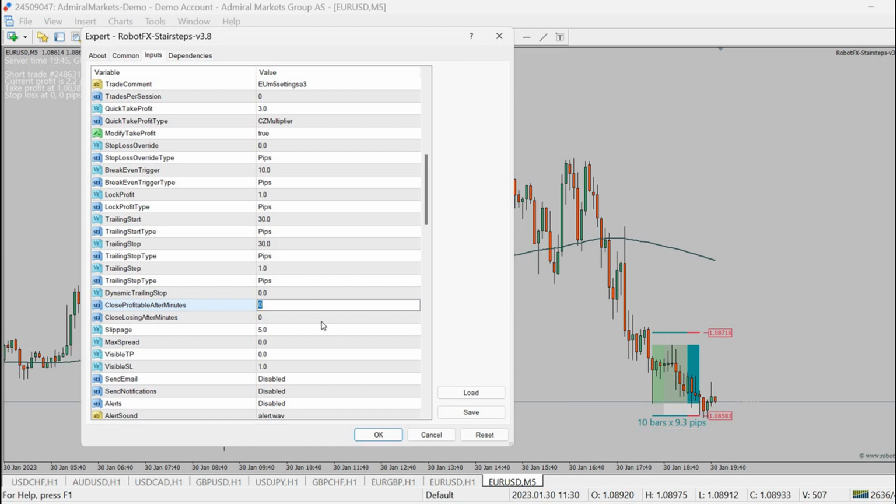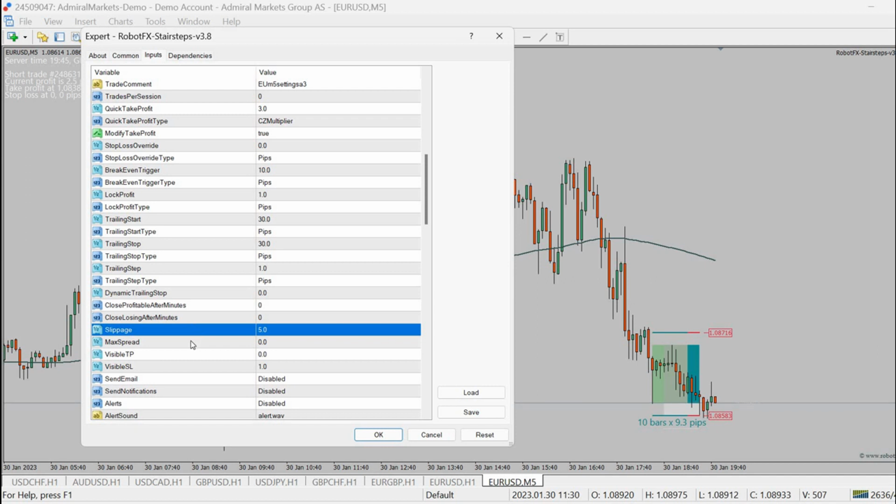Just set a number of minutes right here, or close the losing trades after a number of minutes, say after 1 hour. This might reduce losses, might increase profits. It's not my favorite cup of tea, so from my trading style I don't mind about these settings, though they can be useful. The slippage is in pips, of course.